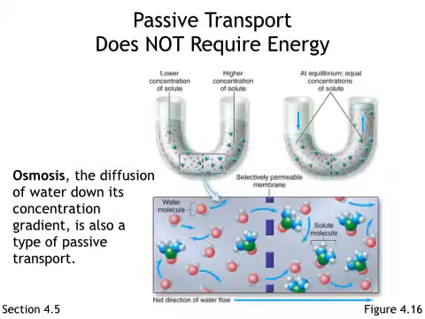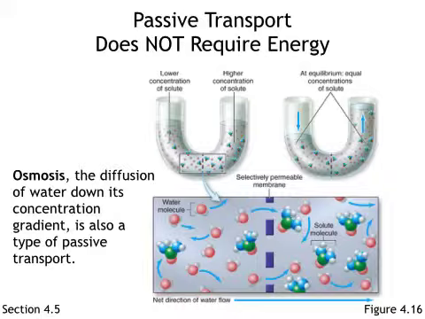So now if you look at the right, you see that the water level has risen on the right side and it has dropped on the left side. You can do this at home if you have the materials, but this is a really simple and cool experiment where you can actually move water and cause water to go up on one side simply by having a higher concentration of solute on one side.